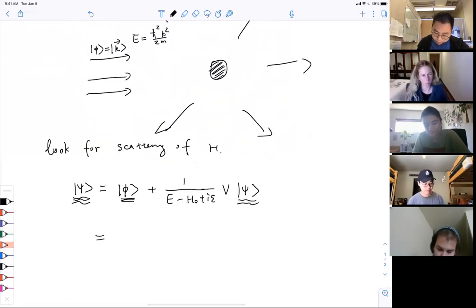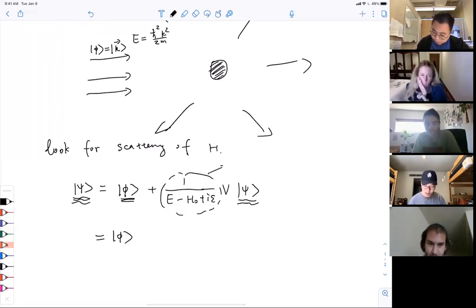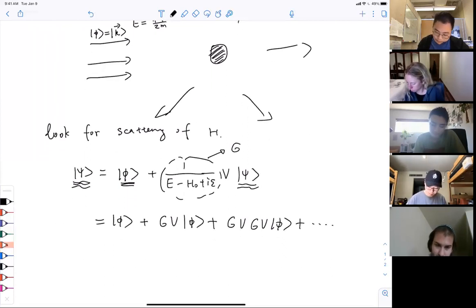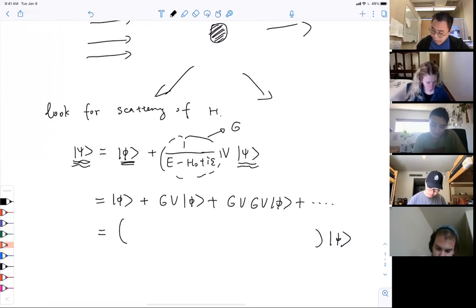By iteration, we can write it down. By the way, let's call this G because it's a Green's function, right? So it's G V phi plus G V G V phi plus dot dot. So you can factor out this incoming wave.